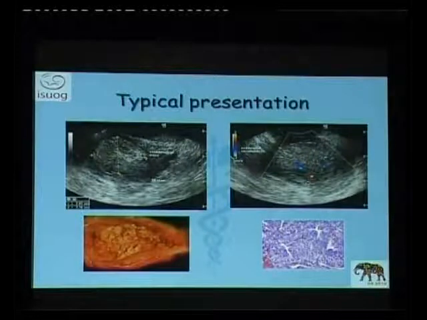Now, there are certain presentations where there could be some clinical dilemma. This particular patient was a 48-year-old postmenopausal woman who had only one spell of spotting a few days before she came for the scan. The transvaginal sagittal section of the uterus showed thickening of the endometrium, but the endomyometrial interface was not interrupted.